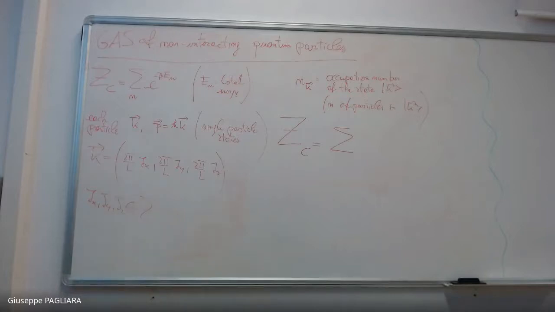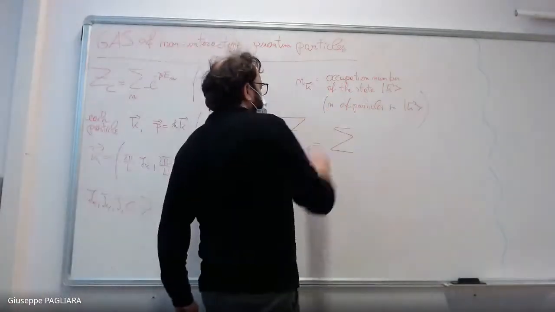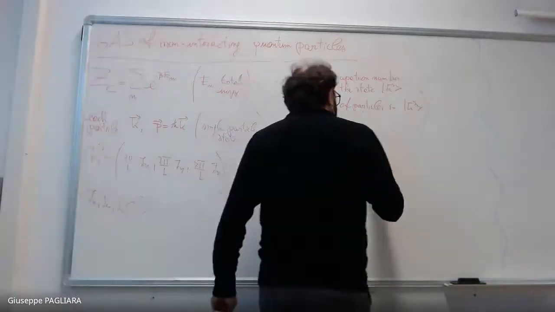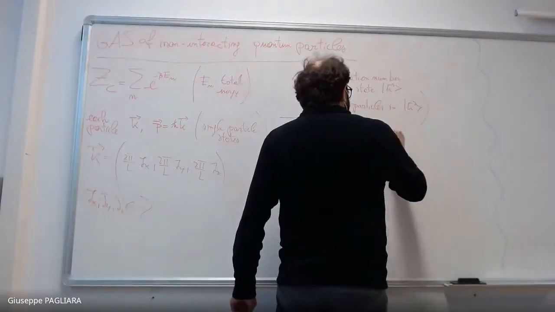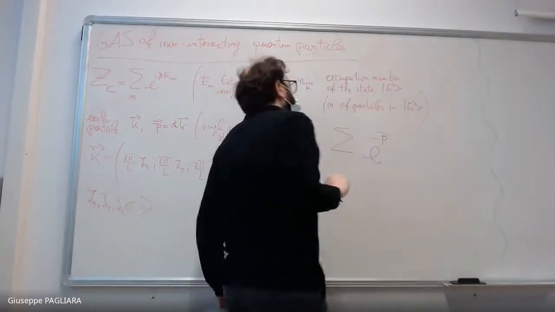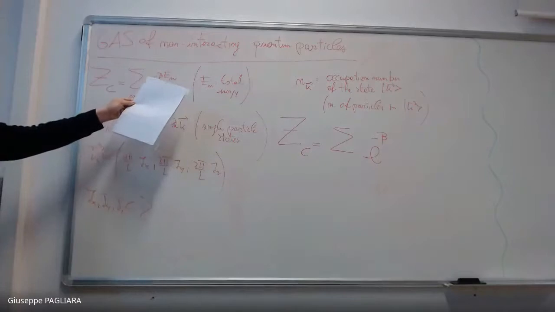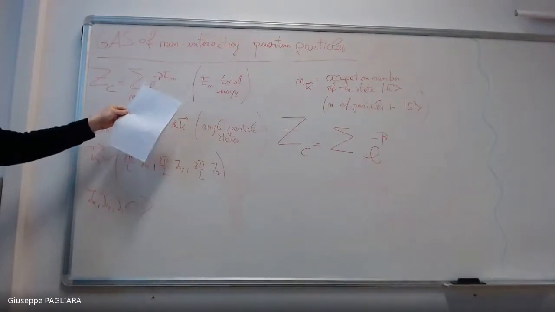Now we are running over the n_k actually. So let me write first the exponential. Here you have e to the minus beta, and here the energy of the total system will be the sum of the energy of the single particle times the number of particles in that state.